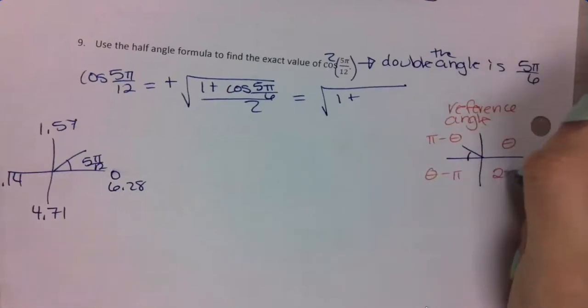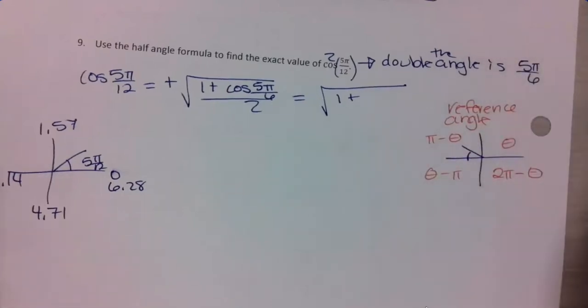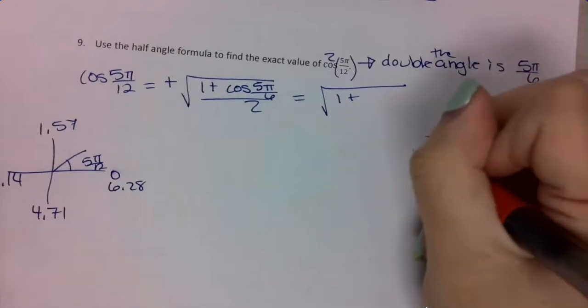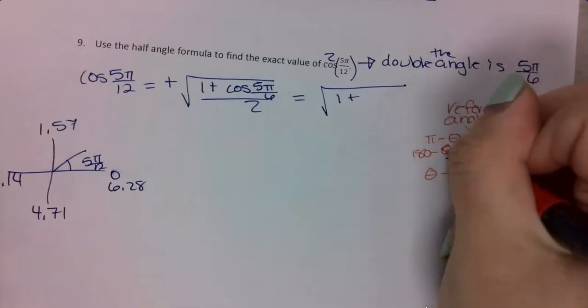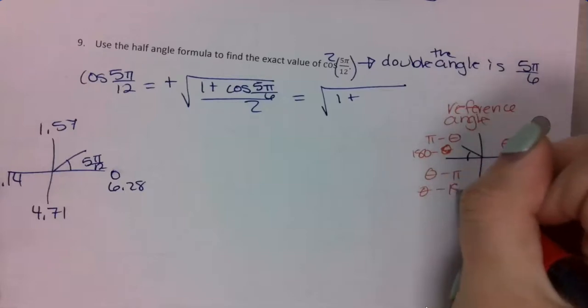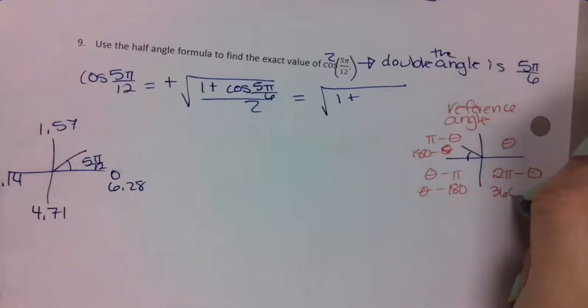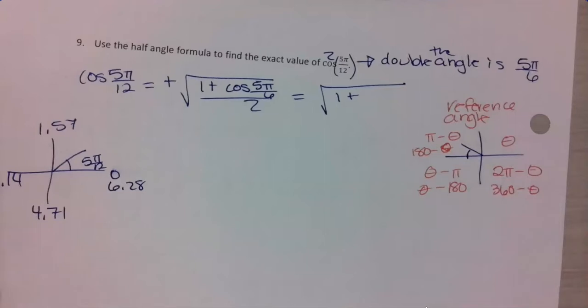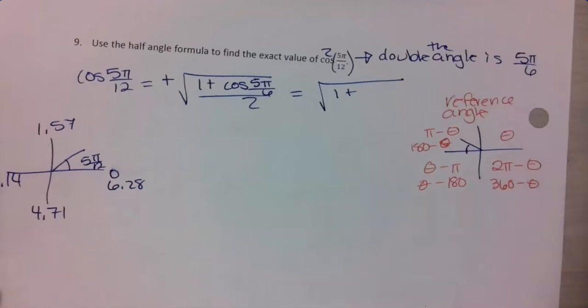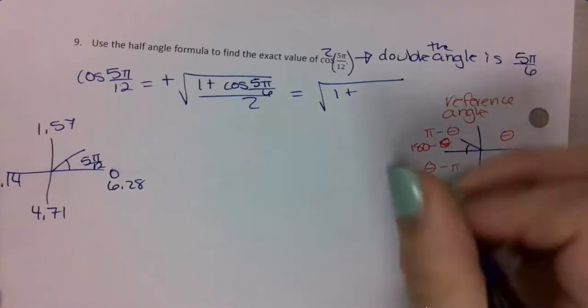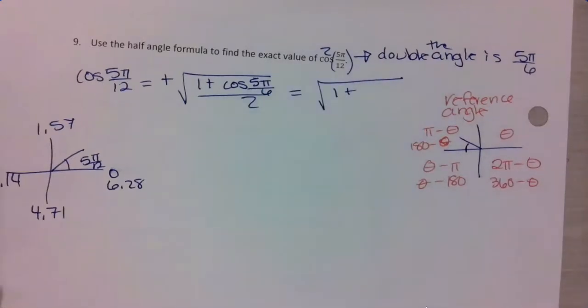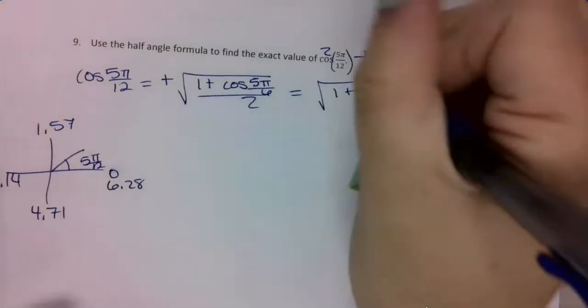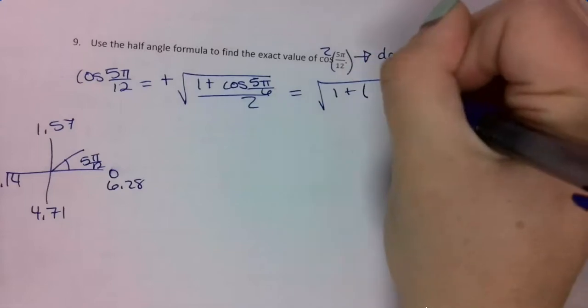In the fourth quadrant, it's 2 pi minus my angle. If I'm in degrees, it's 180 minus my angle, my angle minus 180, or 360 minus my angle. Then 5 pi 6 is pi minus 5 pi 6, which gives me pi 6.